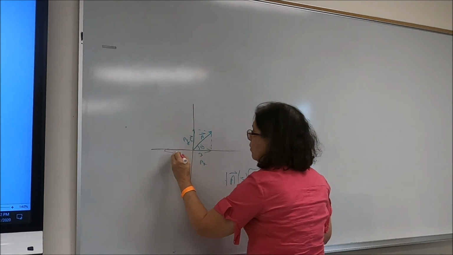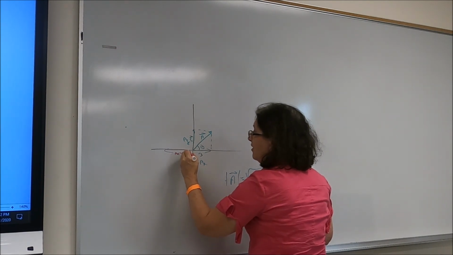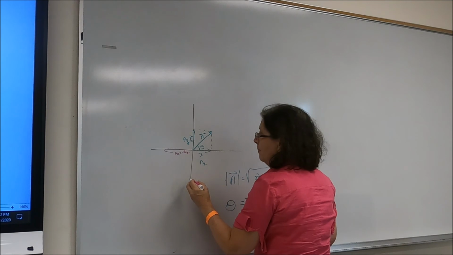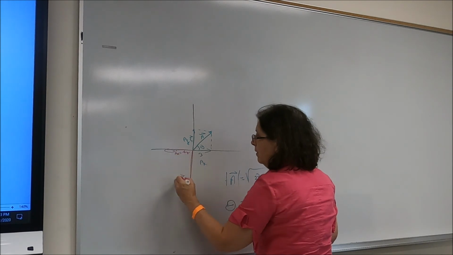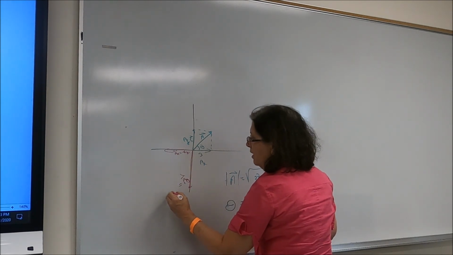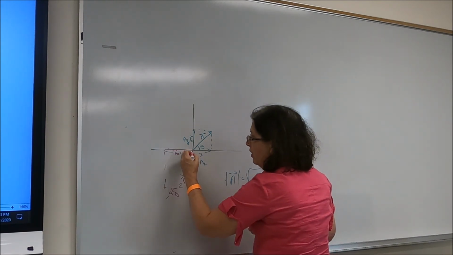let's say that my AX was a minus 6i, okay? And my AY was a minus 9j. So I'm down here in this quadrant.